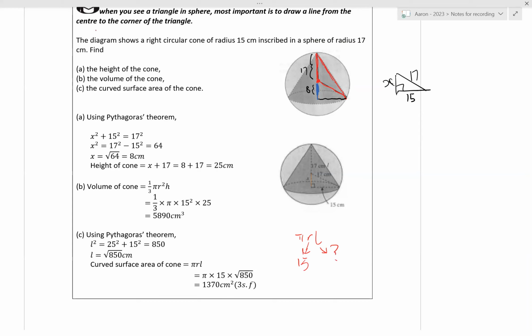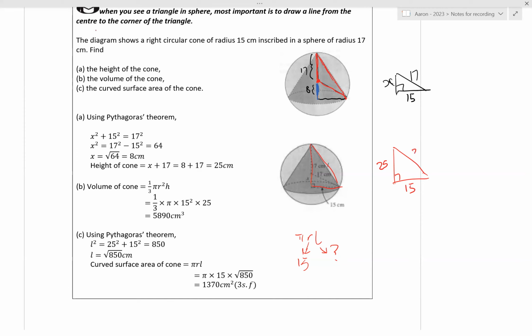If you look at the bigger triangle now, which is this big triangle that's outlined, I'll draw it out for you. In the exams, if you cannot see it from the diagram, you can always draw out the side to make it clearer for yourself. Same thing, it is a right angle triangle. The height of your cone you found earlier to be 25, then this radius of your cone, which is 15.